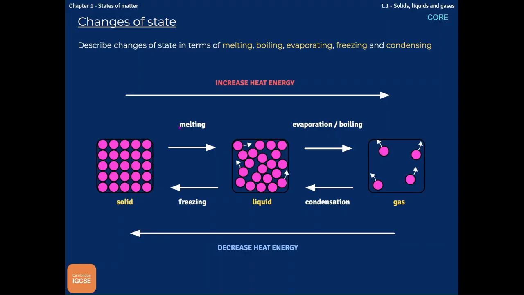You heat up ice, it melts and becomes liquid water, right? You heat up that liquid water even more, it will boil, which will then become a gas. So a gas has the most amount of heat energy, right? As you begin to cool a gas down, it will condense, so it comes back together and becomes a liquid, right? As you cool it down even further, it freezes into a solid again. So the changes of state happen because of energy, right?